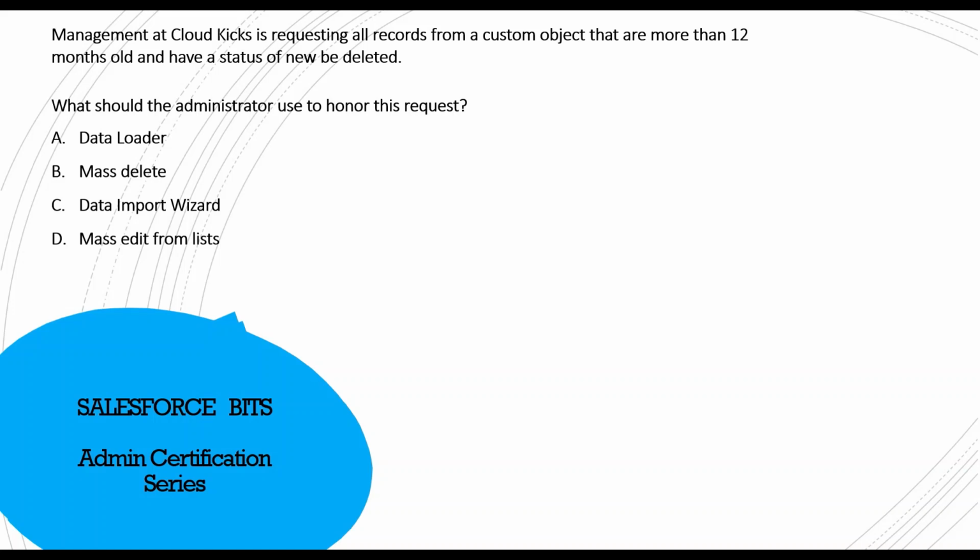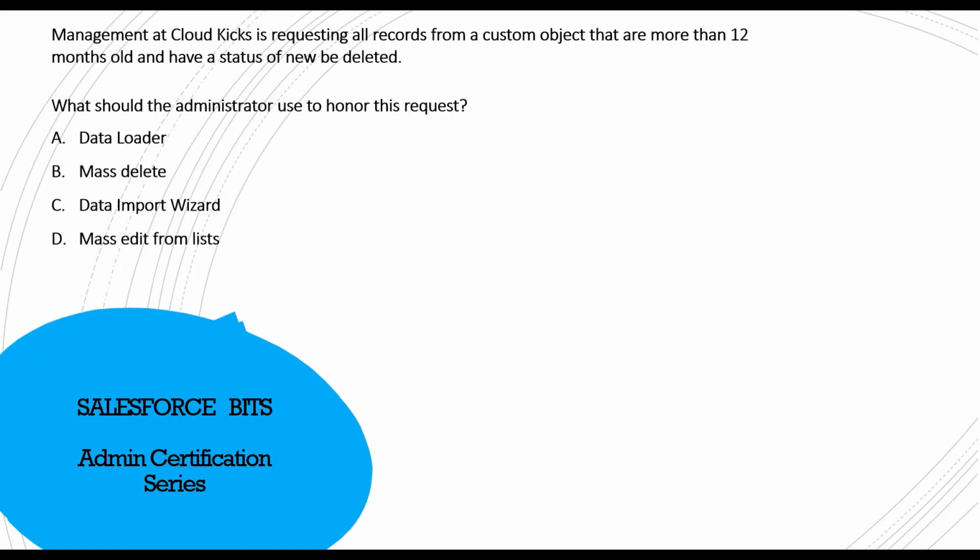Okay, so let's start with data loader. Yes, we can delete it. We can delete mass records with 12 months old records. So we can do it from the data loader. And B, mass delete is nothing but an AppExchange package. Basically, it gives you the capability of adding buttons to select records and mass delete. So you select multiple records and delete them. So it's not specifically useful in this scenario.